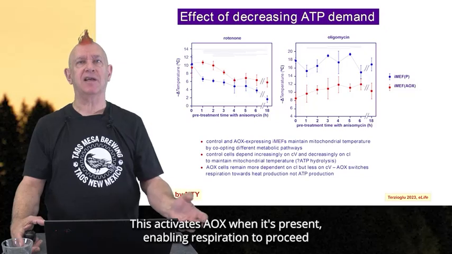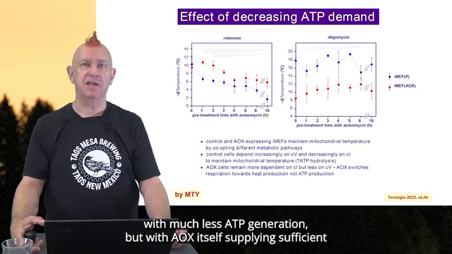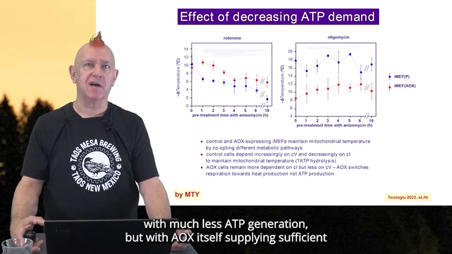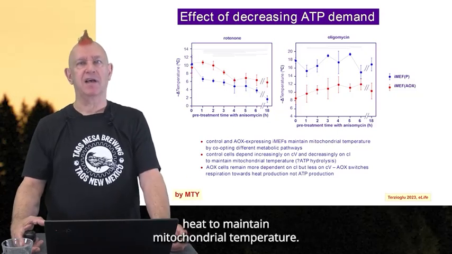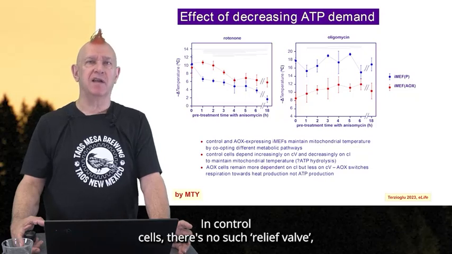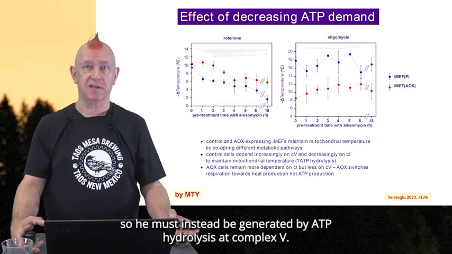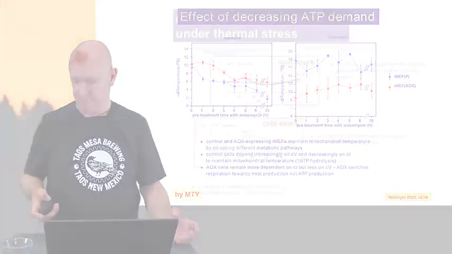This activates AOX when it's present, enabling respiration to proceed with much less ATP generation, but with AOX itself supplying sufficient heat to maintain mitochondrial temperature. In control cells, there's no such relief valve, so heat must instead be generated by ATP hydrolysis at complex 5.